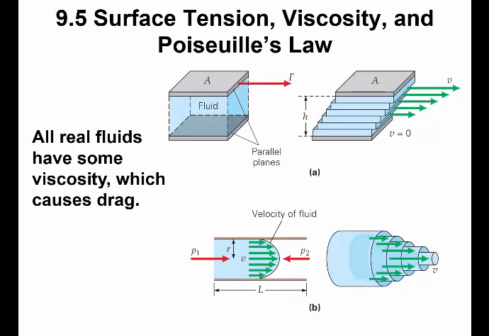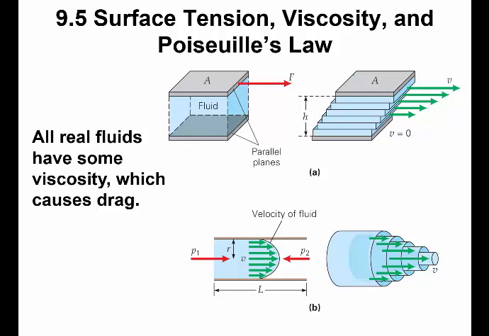Finally, we can talk about surface tension, which happens in liquids. This is how bugs, like little water bugs, can walk on water. Viscosity: if you ever had to buy oil for your car, there are different weights of oil, and this has a lot to do with viscosity, basically thickness. Maple syrup is much more viscous than water.